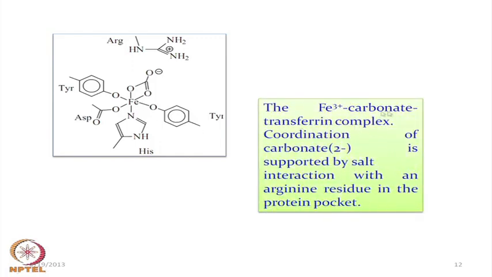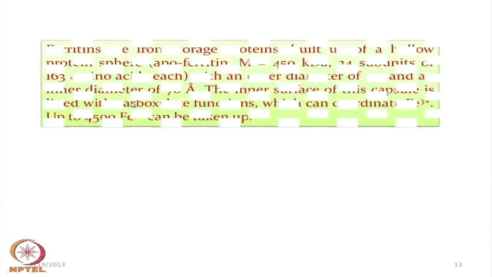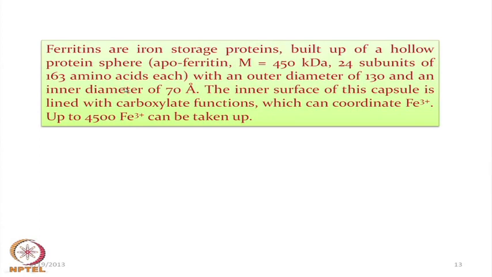The iron(III) carbonate transferrin complex has coordination of carbonate, supported by salt interaction, ion pair interaction or hydrogen bonding with the arginine residue in the protein pocket. The protein pocket has this particular side chain in this direction, and only in that direction can carbonate go and approach our iron site.